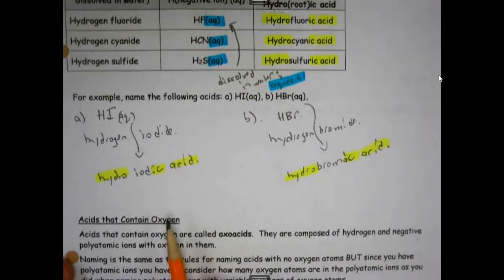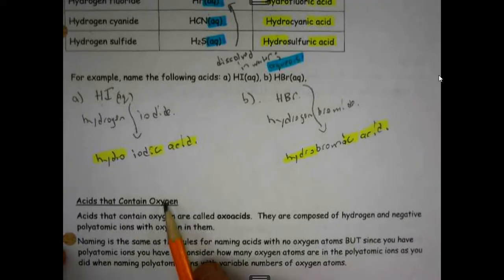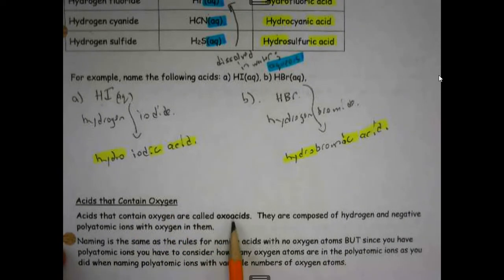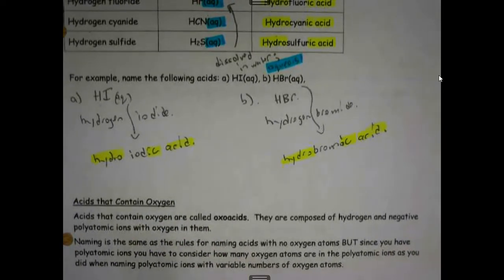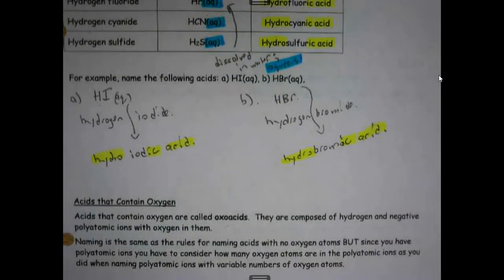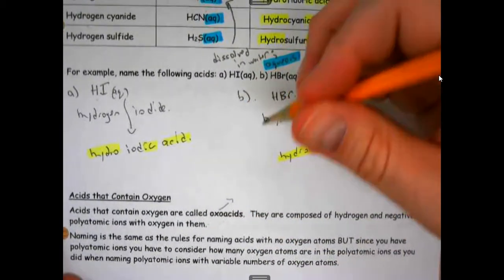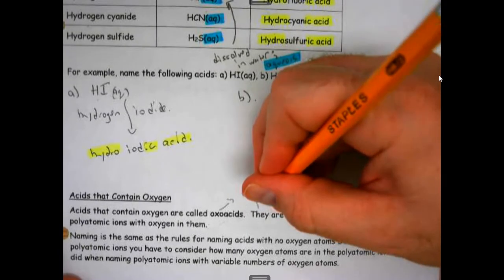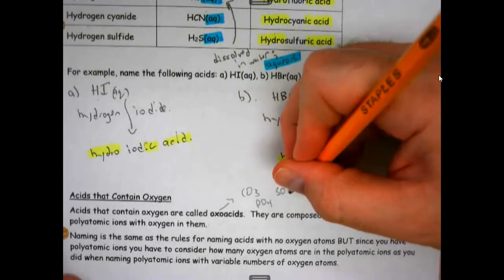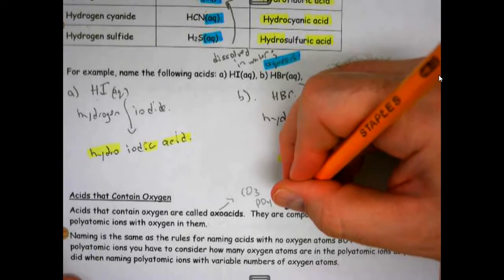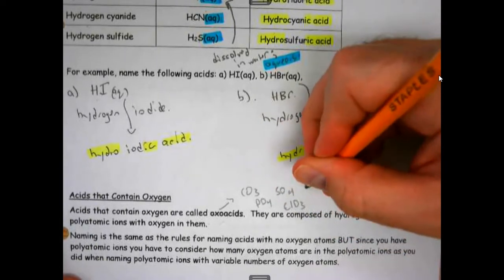Now, since we talked about ones with no oxygen, there are clearly ones that do have oxygen, and we call those oxoacids or oxyacids because in addition to having hydrogens, they also have a polyatomic that has oxygen in it. So we're going to use these rules for the polyatomics that have oxygen in them, like carbonates, phosphates, sulfates, chlorates, and nitrates.